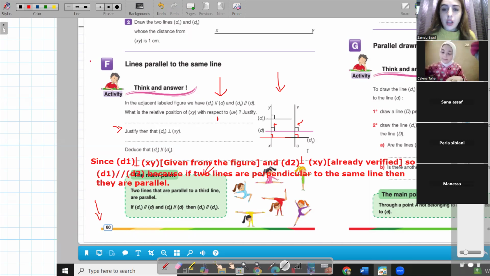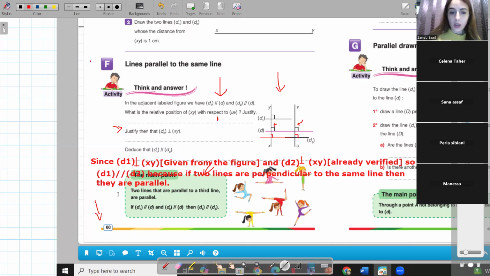And D2 is also perpendicular to XY. We already verified that in part 2. So since these two lines are perpendicular to the same third line XY, then they are parallel.